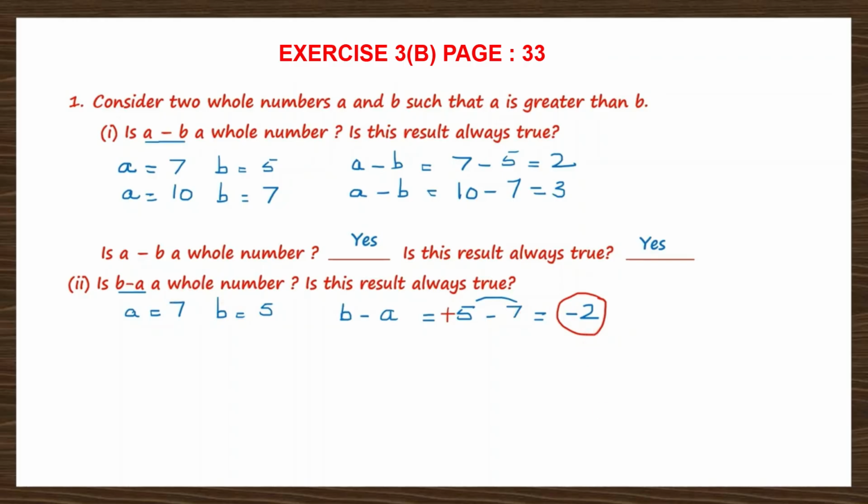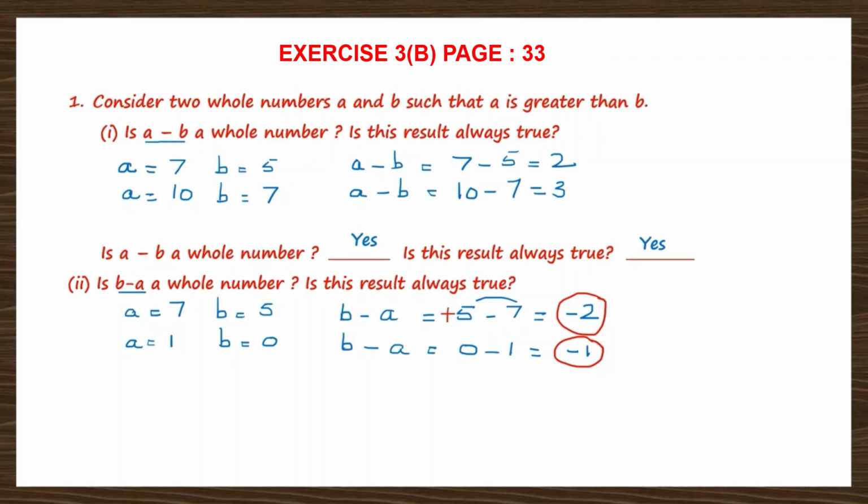Let's take another example. So here we'll take a is equal to 1 and b is equal to 0. So this will be b minus a, and b is 0, and a is 1, but we're going to say minus here. 0 minus 1 will be minus 1, and minus 1 is not a whole number.